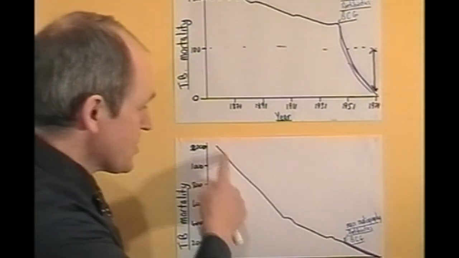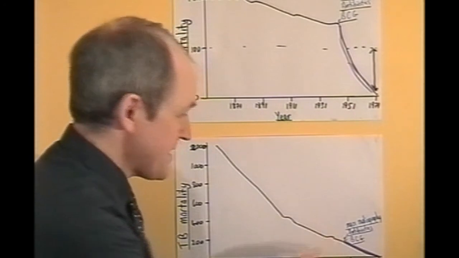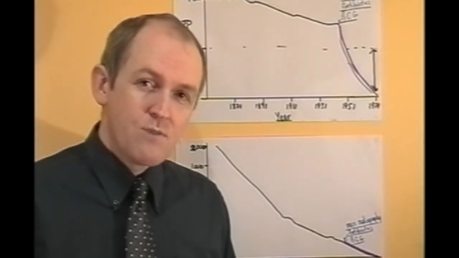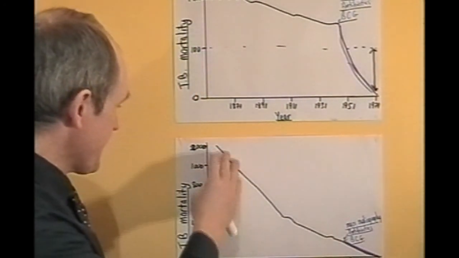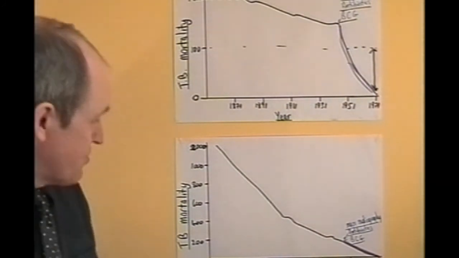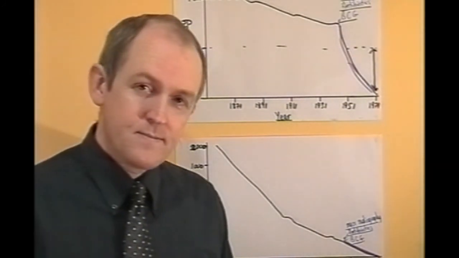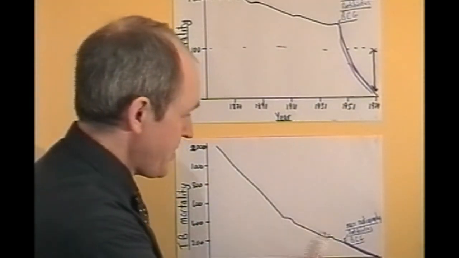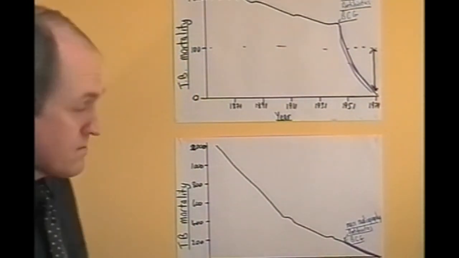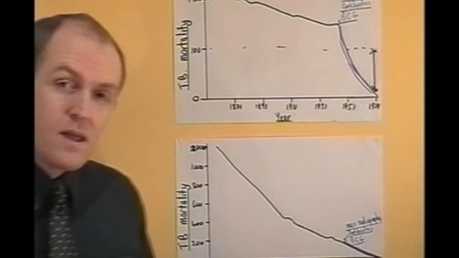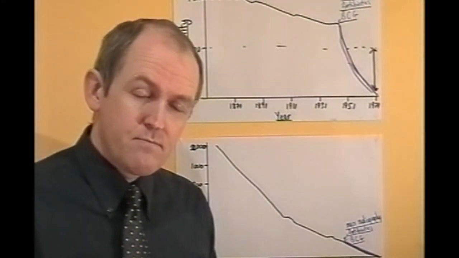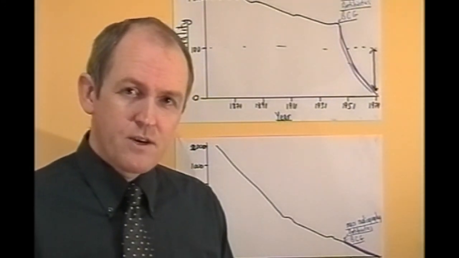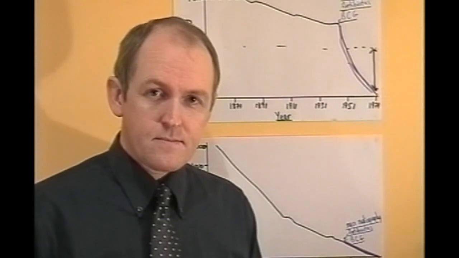Now, what was it that was causing tuberculosis in the United Kingdom to become so much reduced in incidence for more than 100 years? Well, the reason the incidence in tuberculosis was dropping off very quickly was not because of drugs, not because of X-rays, not because of vaccines, but because of improvements in the way people were living.